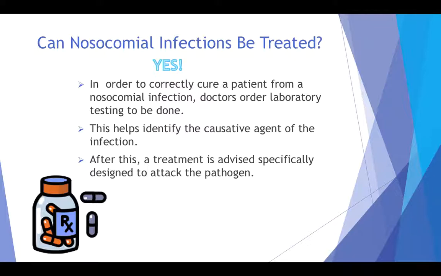This helps identify the causative agent of the infection so that the doctor can design a treatment that can specifically attack the pathogen. I should mention that this is very important because antibiotics only treat bacterial infections. So if it's a virus, such as norovirus, as I mentioned before, antibiotics will not cure the infection. Depending on the pathogen is the treatment that will be advised by the doctor.